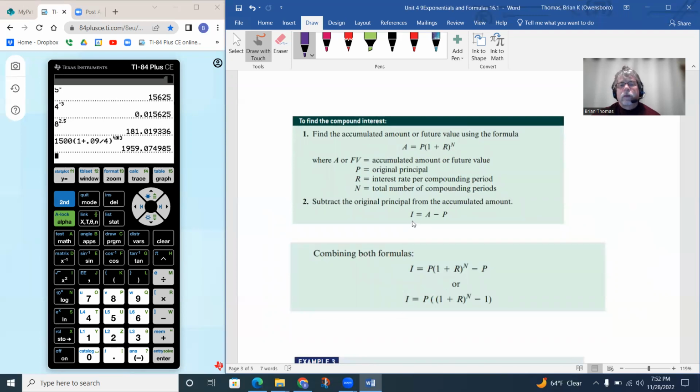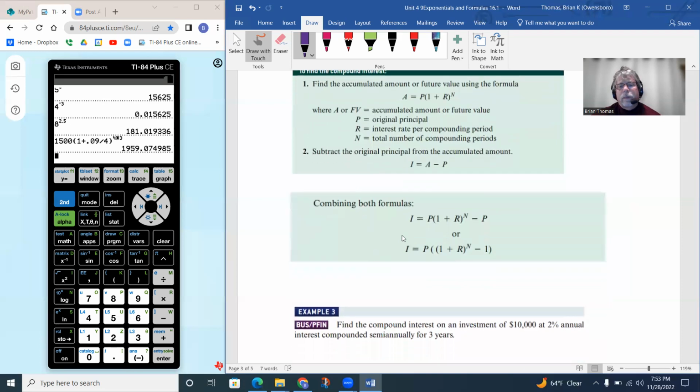And we also know that if you subtract the original principal from the accumulated amount, that will give you what we call interest. So the final amount minus the present amount, the original amount, if you subtract those, that tells you how much interest is earned. So I can create a formula to calculate interest as well.